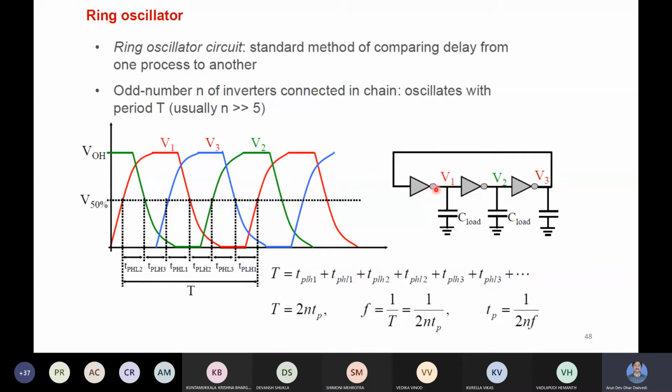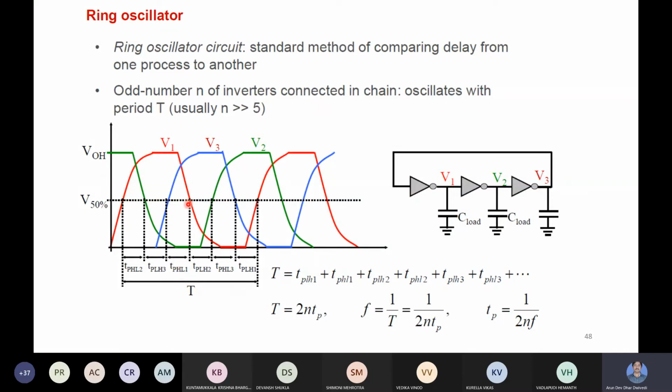V1 is reaching 50% from high to low, and V3 is reaching 50% from low to high. The difference will be taken, and that will be TPHL1. So here we can see TPHL1.